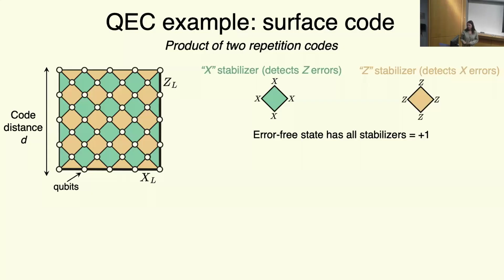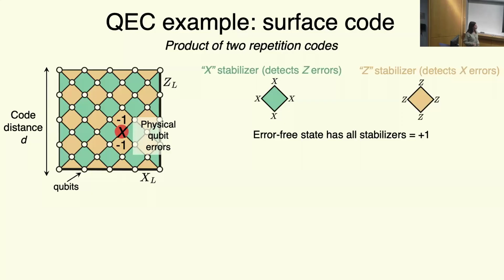And a Z stabilizer is a product of Pauli Z operators on our physical qubits. You can think of these stabilizers as being able to detect errors for us. So in particular, an X stabilizer is going to detect Z errors, and a Z stabilizer will detect X errors.